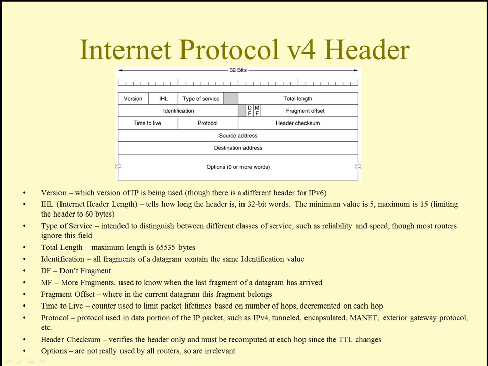The header checksum is only used to verify the header, and it must be recomputed at each hop since the time to live is going to change. So there is some checking that goes on to make sure that the header of an IP packet is delivered correctly. It does not do any checking on the data, but only making sure that the header was received correctly.